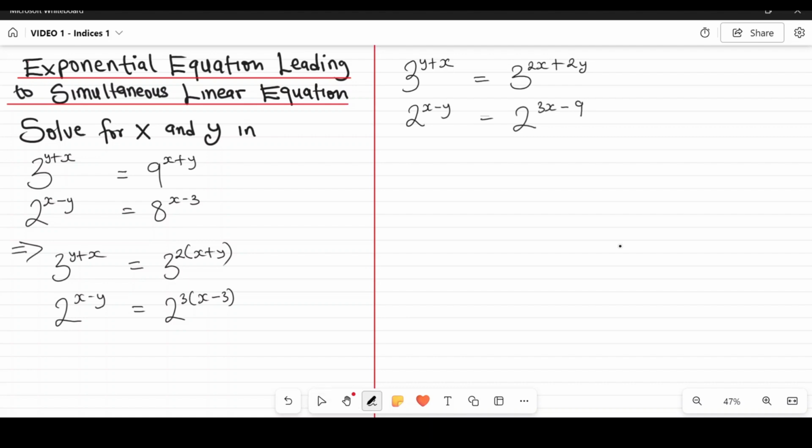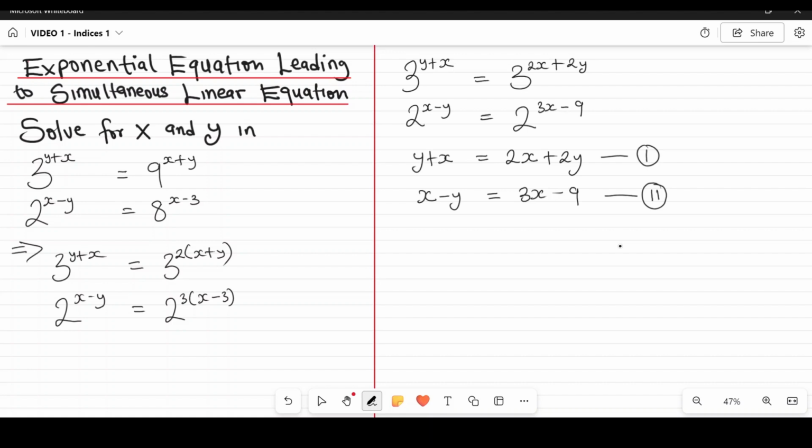Now, since their bases are equal, we have to equate their powers. We write that y plus x is equal to 2x plus 2y. I will call this equation 1. And we have x minus y is equal to 3x minus 9. We call this equation 2.